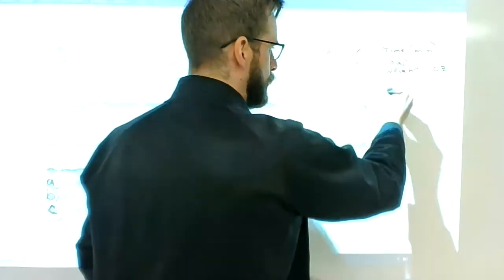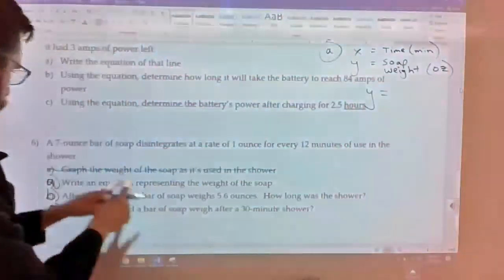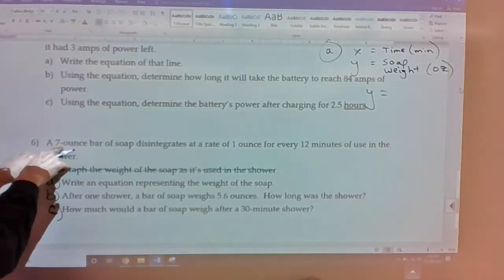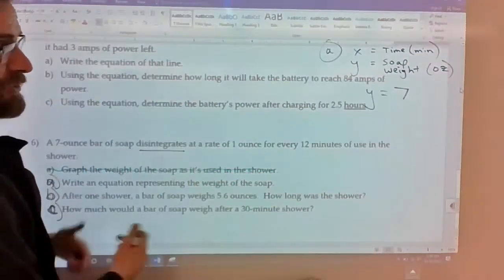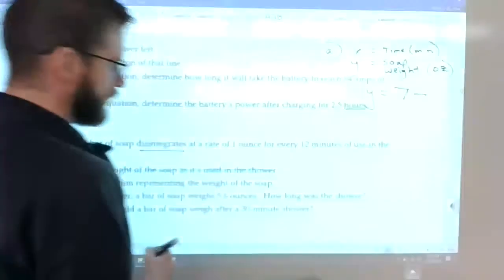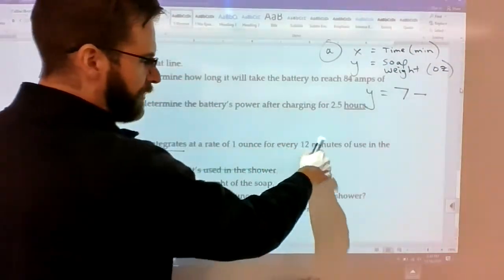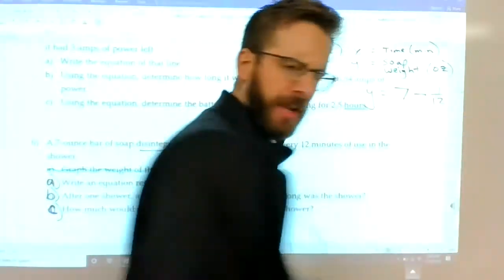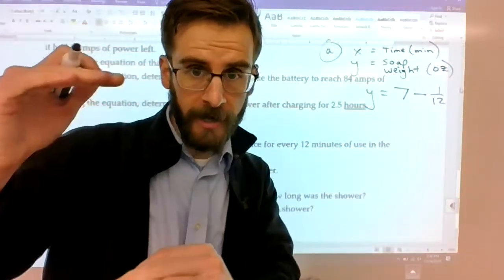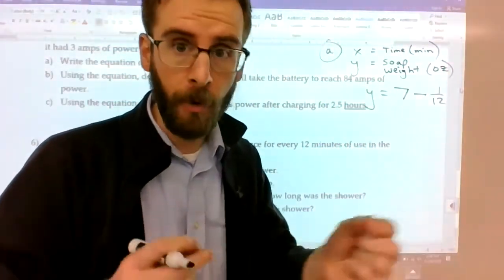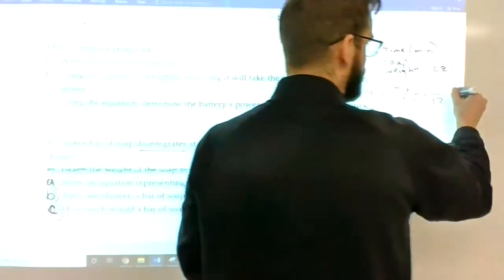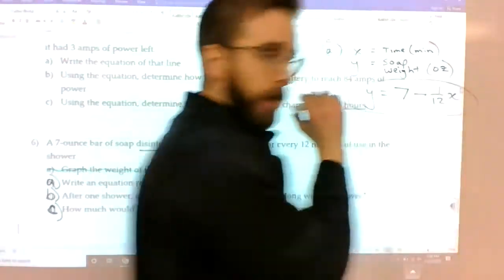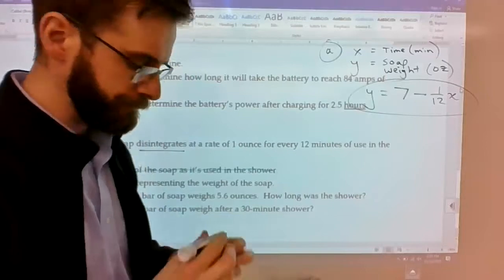So y equals my starting point, which is a 7-ounce bar of soap. It disintegrates, which means it's going away. 1 ounce every 12 minutes is 1 over 12. Remember, rates of change, rise over run, it's always a fraction if it's the slope or the rate of change. And then you got to multiply that by x. Part A, there's your equation.